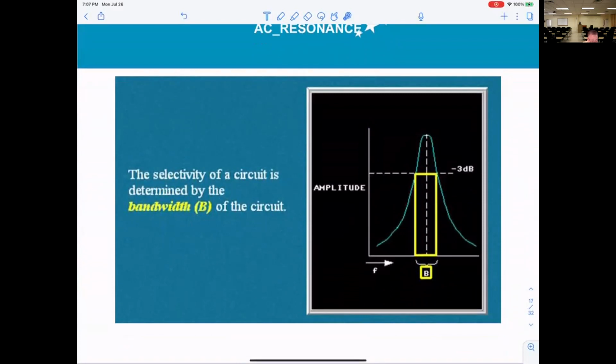The selectivity of the circuit is determined by bandwidth. You understand? We already saw the bandwidth. That will be minus 3 dB. Okay? And the frequency in the middle here, that means the resonance.